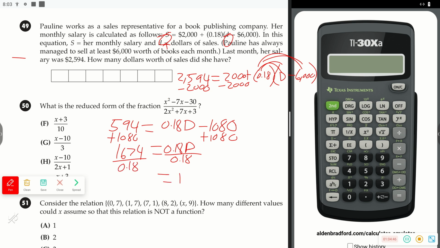This is just going to give us D on this side because that equals 1 times D. And then 1,674 divided by 0.18 is 9,300. So for number 49, the answer would be 9,300. And that's it. That's the answer to number 49.